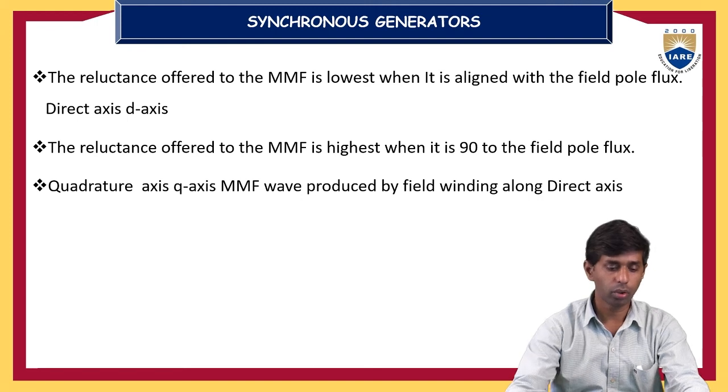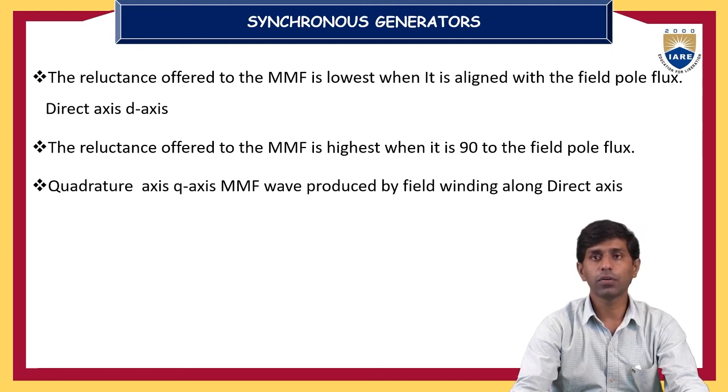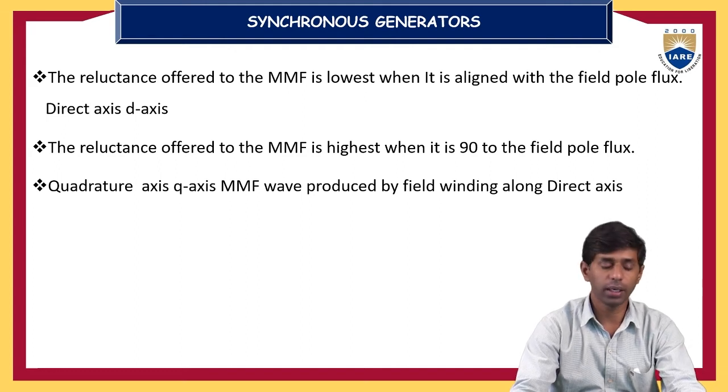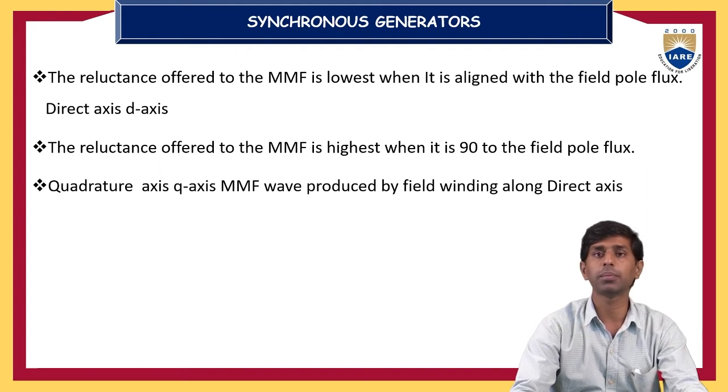Here we know the reluctance offered to the MMF is lowest when it is aligned with the field pole axis, that is the direct axis. So the reluctance offered along the d axis is minimum, and along the q axis is maximum. The reluctance offered to the MMF is highest when it is 90 degrees to the field pole axis, that is the q axis.